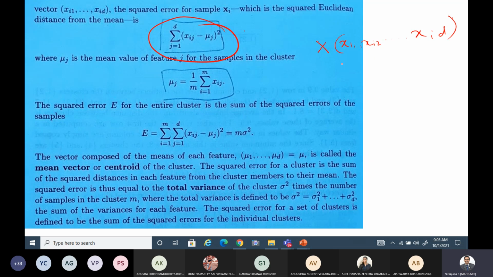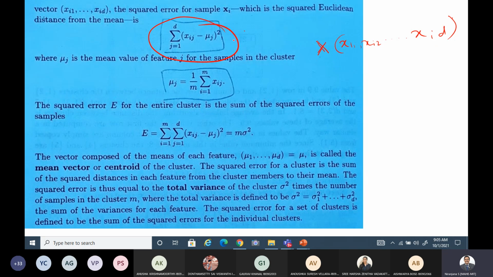It means that there are d variables. It is not x and y. It is d variables or d-dimensional space where one point is considered for representing a pattern. A sample is considered to be available in d-dimensional space. That is why you find here xi1, xi2, etc., xid, with which you represent your particular point here.